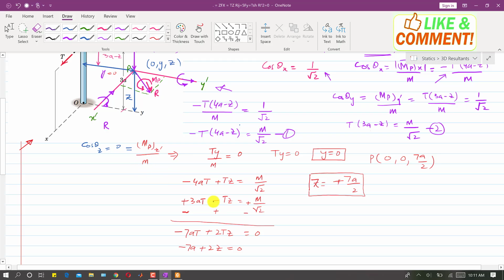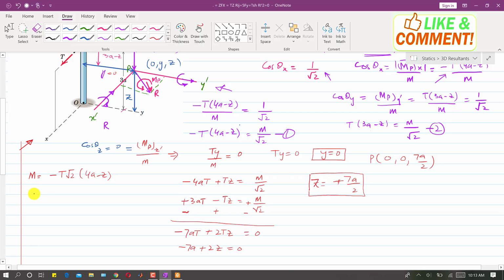And now we are asked to write the moment vector of this couple MP, right? So we need to find the magnitude of m. We can use any of the equations from equation number 1 or equation number 2. So the magnitude m of MP from this equation will be minus t under the root 2 times 4a minus z. If I multiply this here, this will be m.